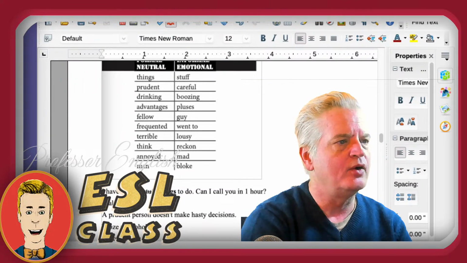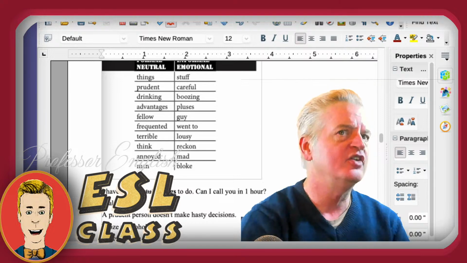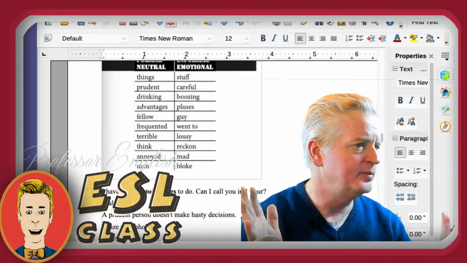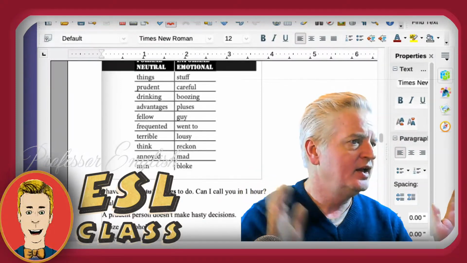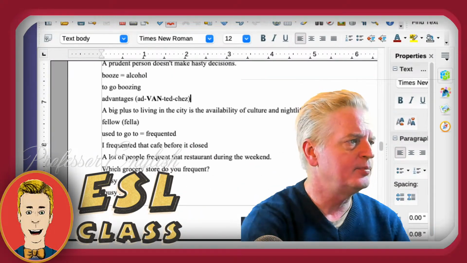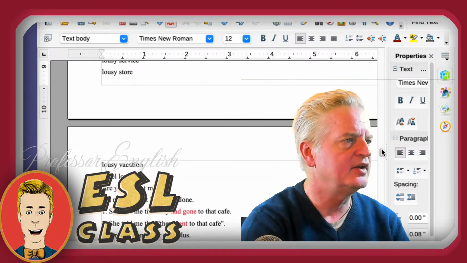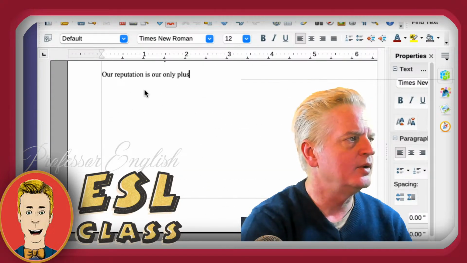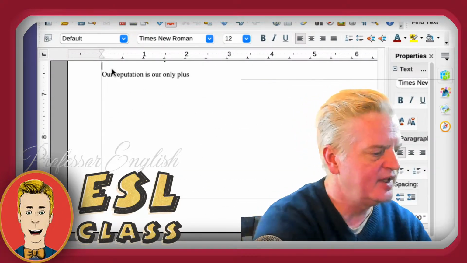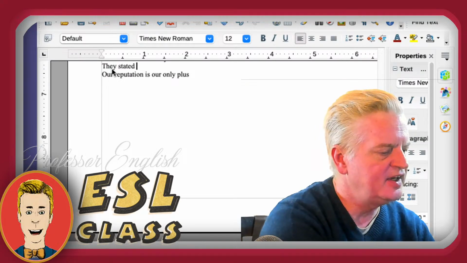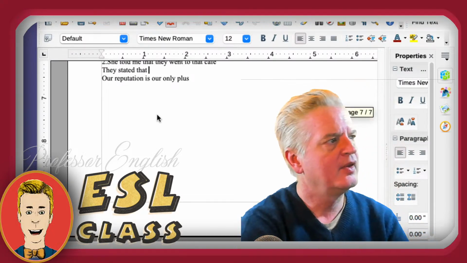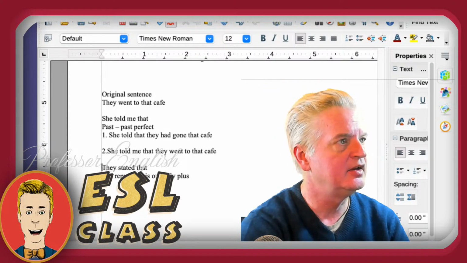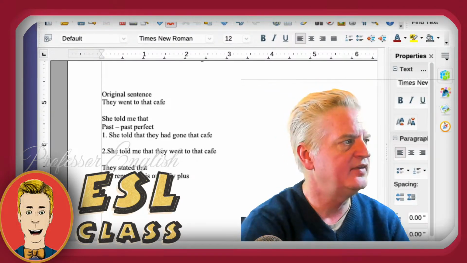Okay, and now let's change this to reported speech. First, we'll start with your typical reported speech. Okay, so I'm just going to add an extra part here. Let's see, go back down here to the bottom. Here's our reported phrase. We'll say, they stated that. So they stated, that's like saying they said. Similar. They stated, they said.